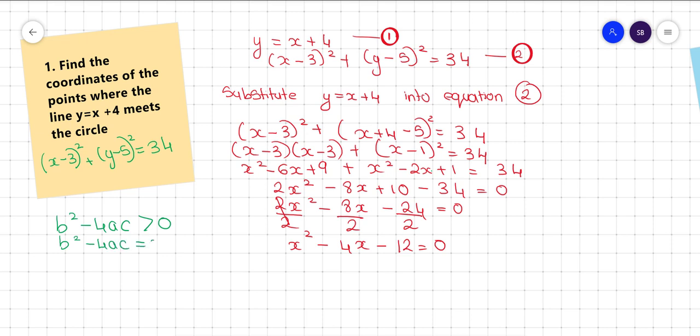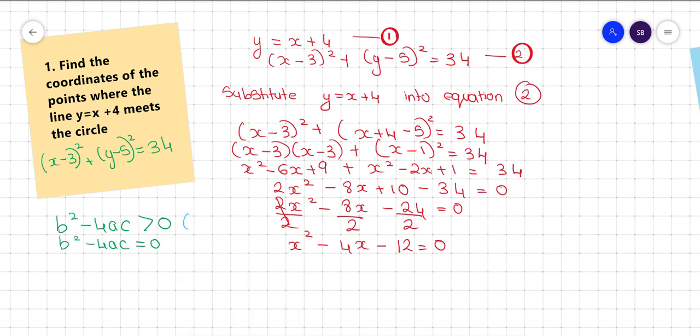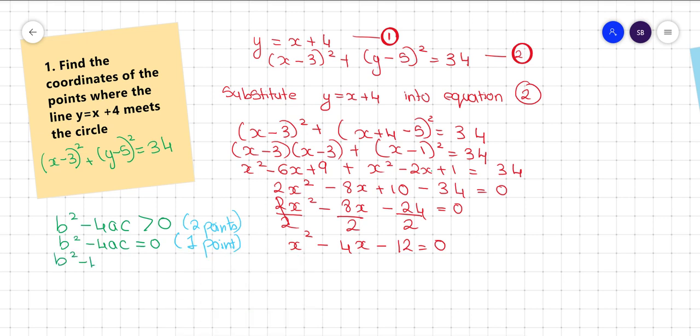If it is equal to 0, then there is only one point of intersection. You will get 2 points of intersection here, and here there is only one point of intersection. And if b squared minus 4ac is less than 0, you will get no point of intersection.